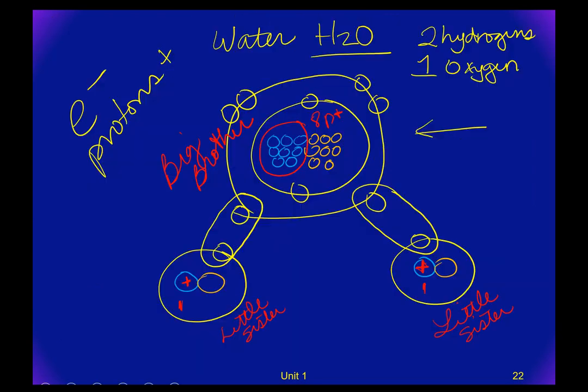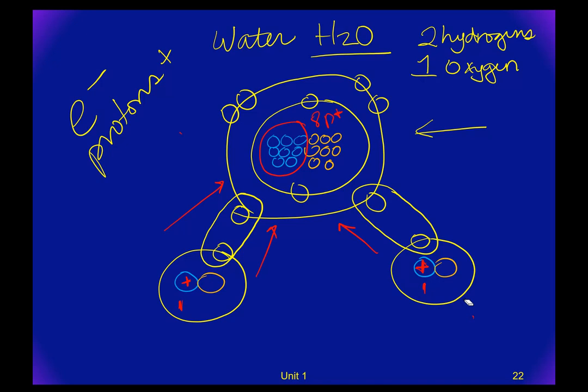Okay, so when it comes to the pull on those electrons, it's stronger in this direction. So we're going to pretend that oxygen can take all of the electrons. It can't, but we're going to pretend that it can.